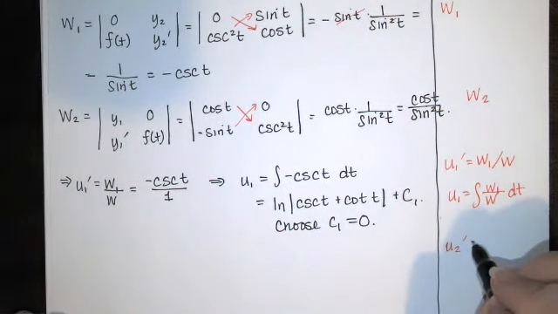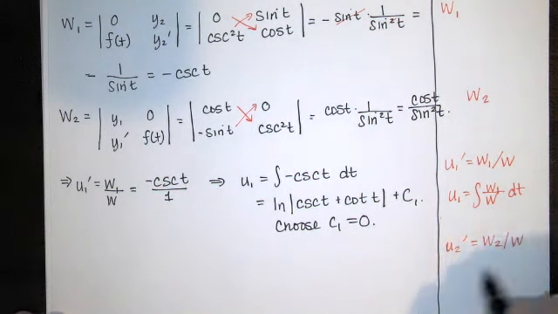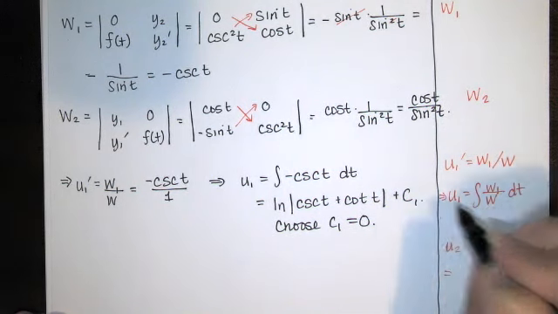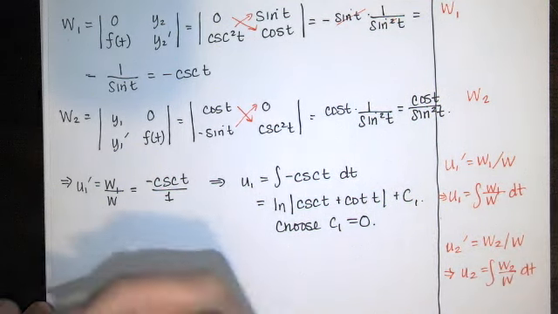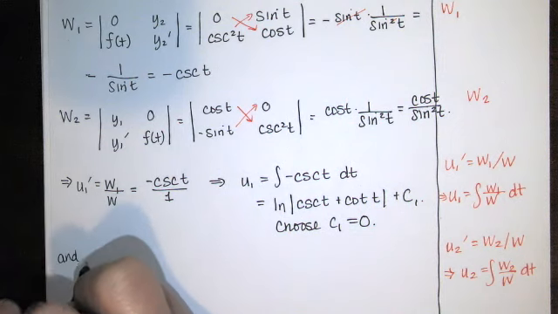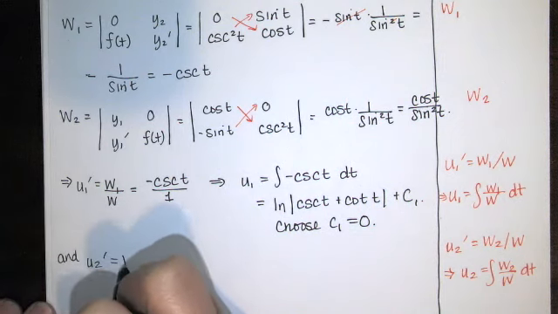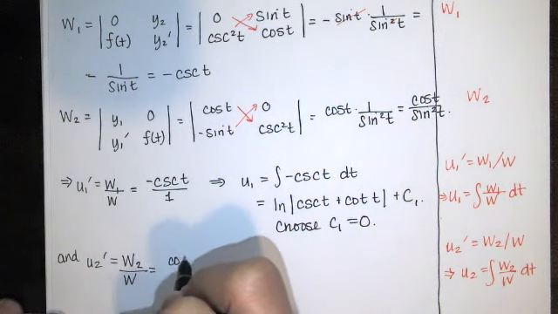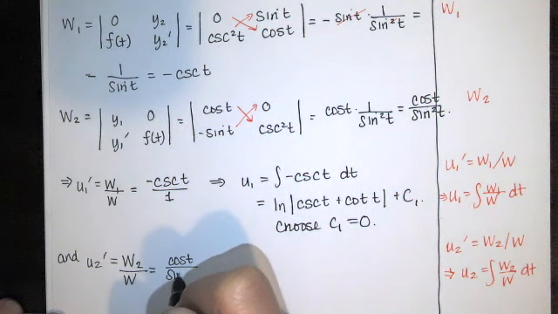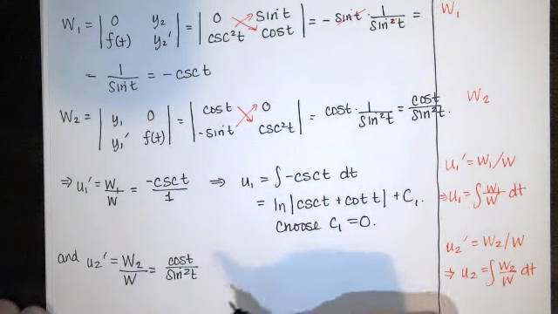And then u2 prime is w2 over w. And then we'll compute the antiderivative of that to get u2 by itself. So we've got cosine of t over sine squared t over 1.